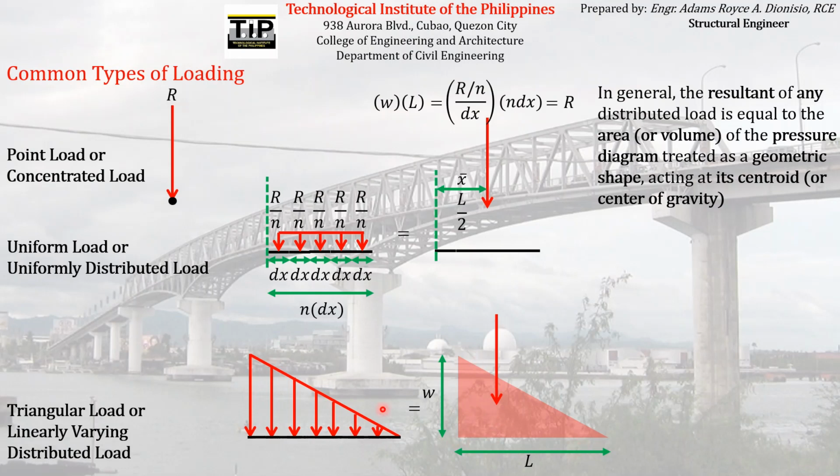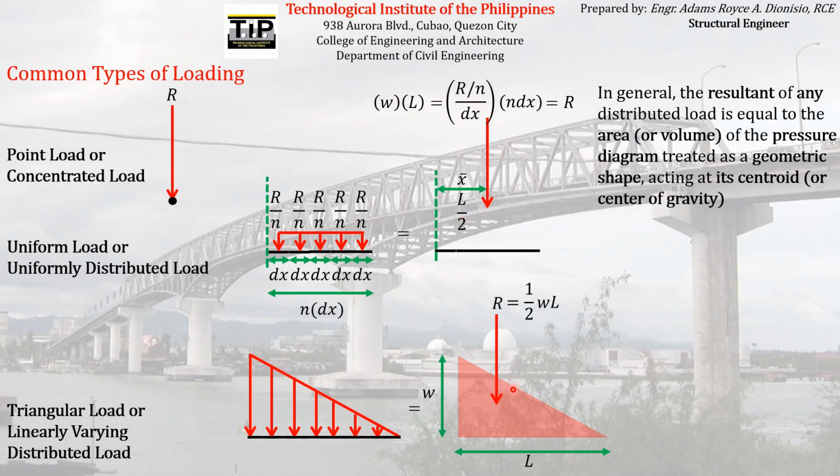So, ibig sabihin lang, yung resultant na itong maraming forces na to, itong distributed loading na to, is just equal to this, the area of this geometric shape, which is just equal to 1/2 base height or 1/2 WL. So, napakabilis. Nakuha natin agad yung resultant nitong distributed loading na to without na pinagdadaanan pa yung madami pinagdaanan natin kanina dito.